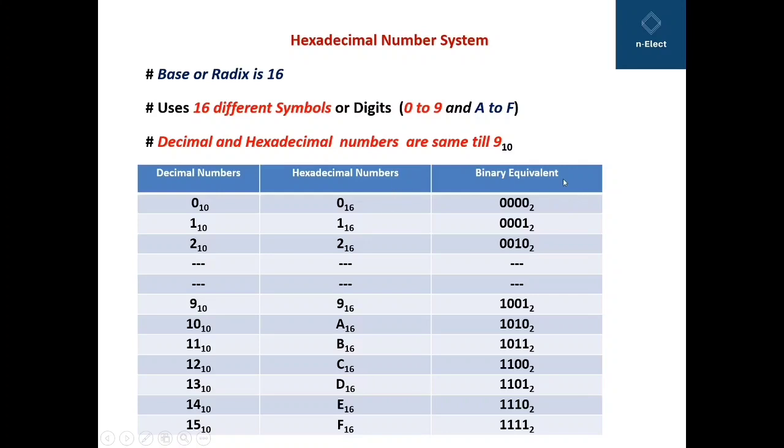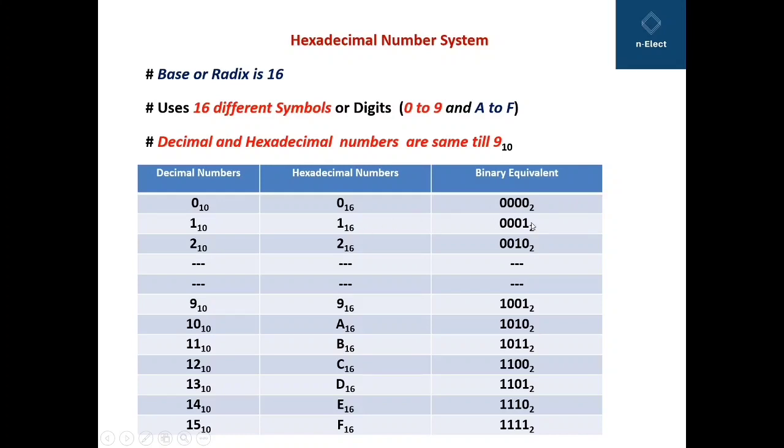So far the binary equivalents are concerned, the highest number in hexadecimal number is F. F is represented as 1111, and from 9 itself we are representing all the hexadecimal digits by 4-bit binary. But here 0 can be represented as single 0, 1 can be represented as single 1, but to maintain the uniformity this can also be written like this by adding zeros on the left hand side.